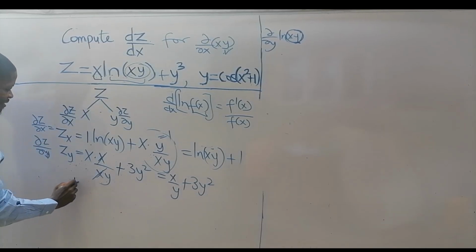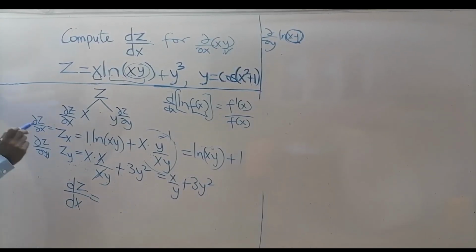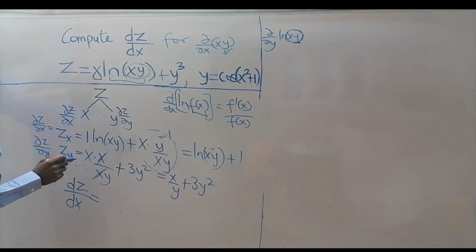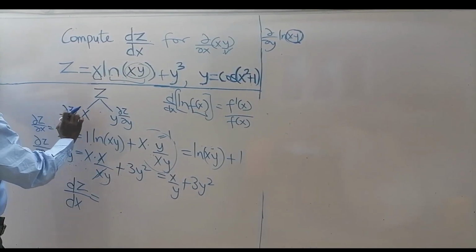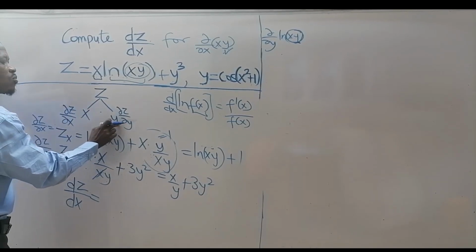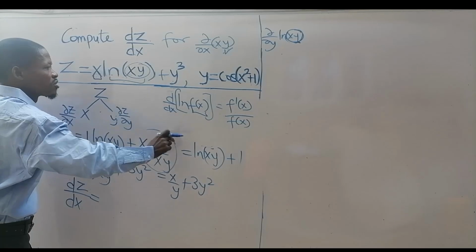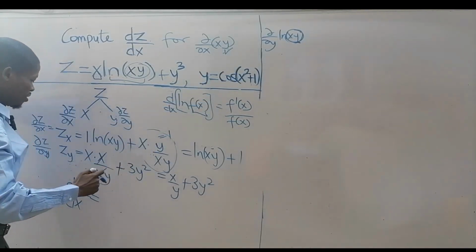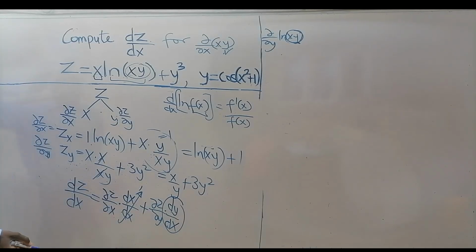That is the dz/dx, and it's very simple. Don't forget that z is a function of x and y, and y alone is also a function of x. So the formula: we have the value for this, and we're going to get this value now.